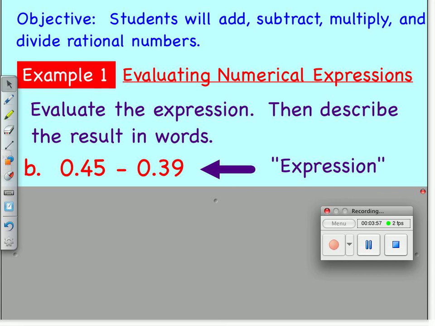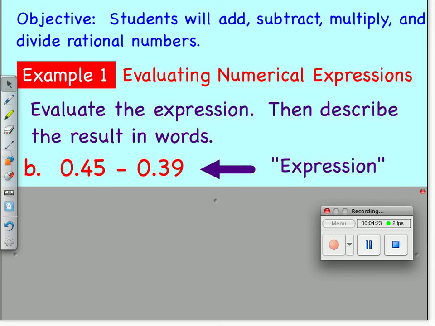Moving on now to example B. We're still on example 1 doing the same thing, but moving on to another expression, letter B. We have 0 and 45 hundredths minus 0 and 39 hundredths. So this is the expression. Again, it's an expression because as you can see, there is no equal sign.